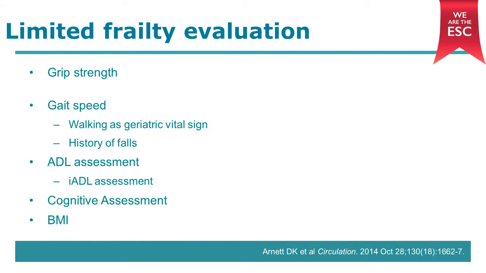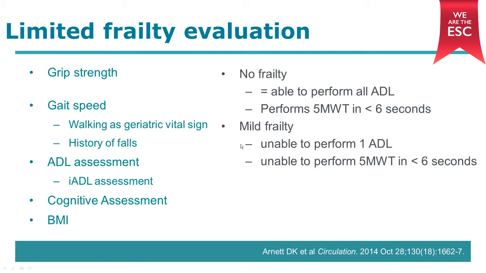And as I mentioned already, frailty is composed of grip strength, gait speed, the instrumental activities of daily living assessment, cognition, and the BMI, and this is classified on 3 levels, and there is a 5-meter walk test incorporated in that, which I think is not competing with the 6-minute walk test.